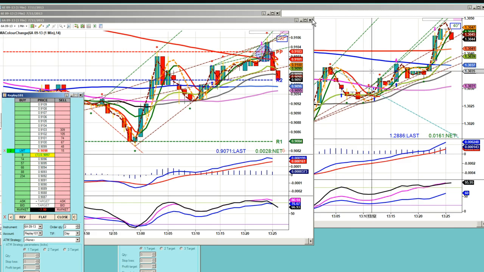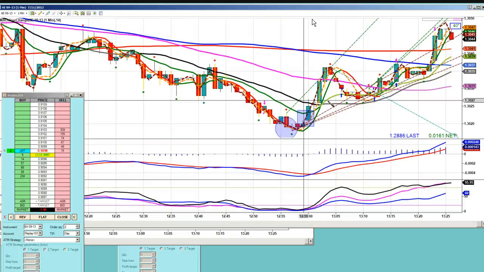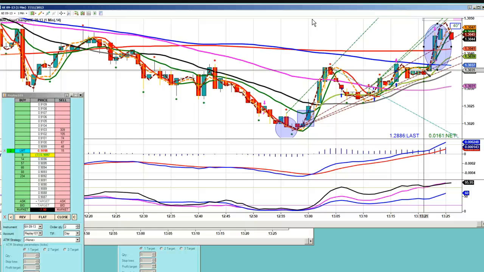Notice the 6E went a little further in price than the 6A. If you look closely at the 6E, we're in the same exact position in the euro market, but we got a little bit more price out of that same move.